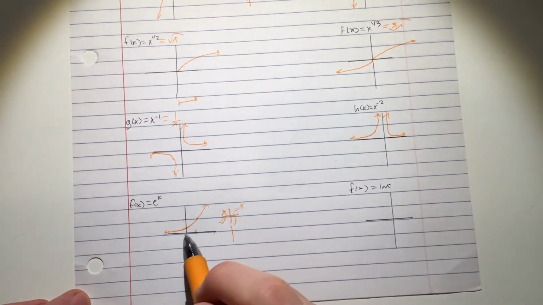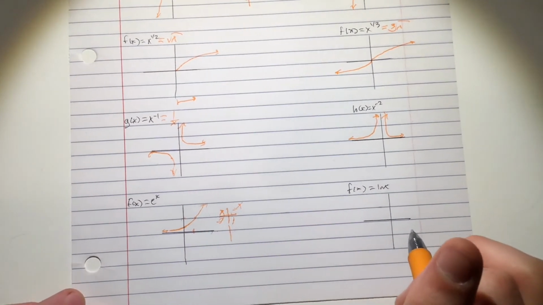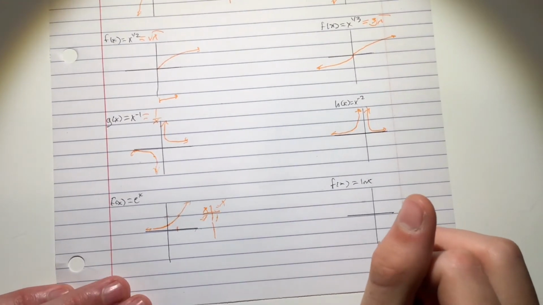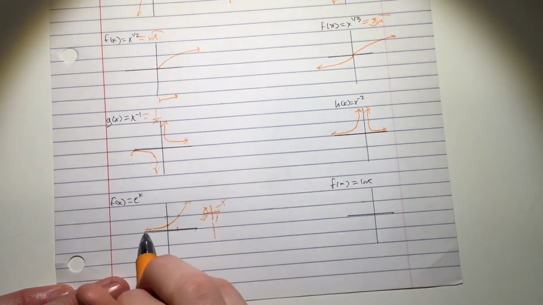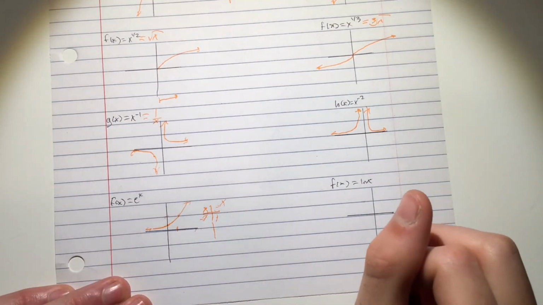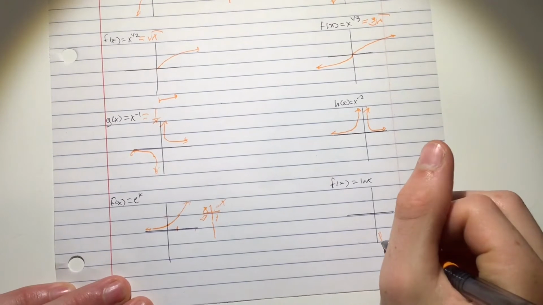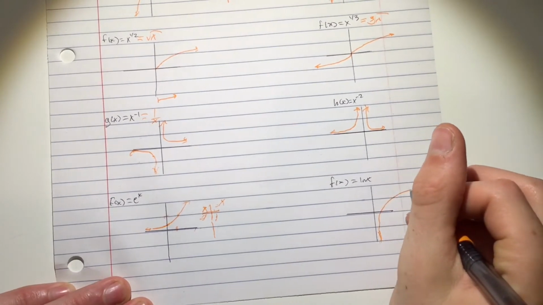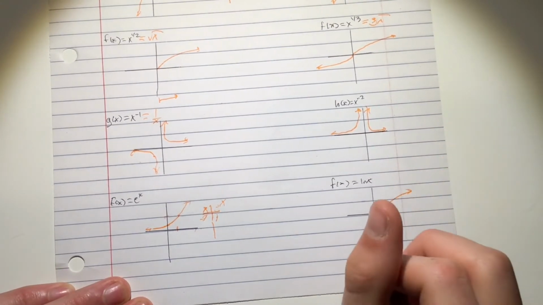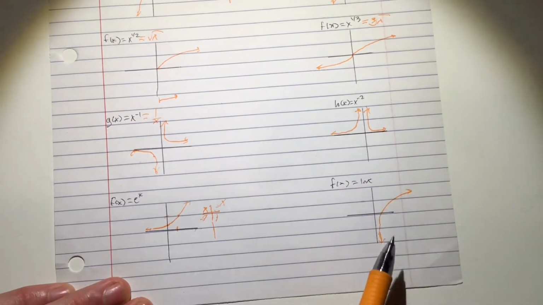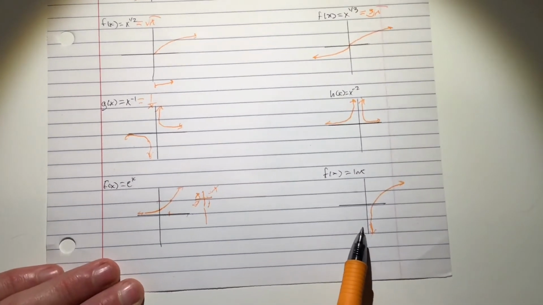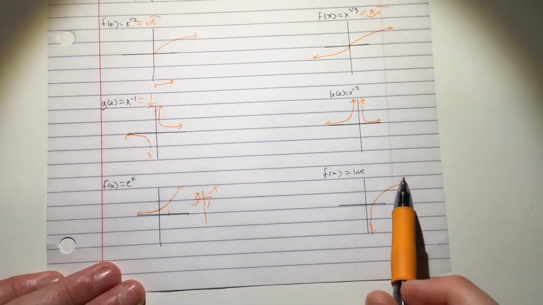And then ln of x looks exactly like that, except flip-flopped, and now instead of approaching this axis, it approaches this axis. This is so hard to write. There we go. So as you go closer and closer to 0 from the right, it goes down further and further to negative infinity.